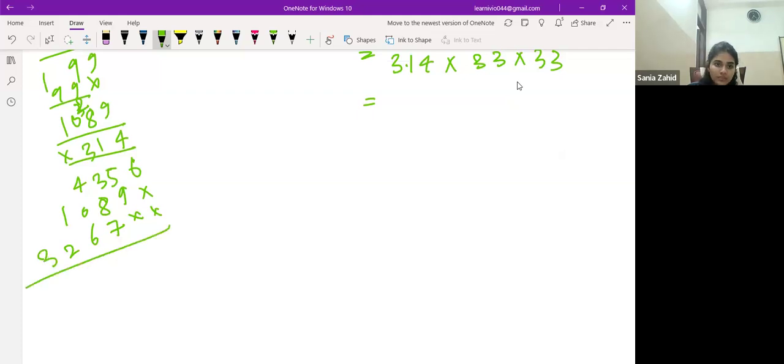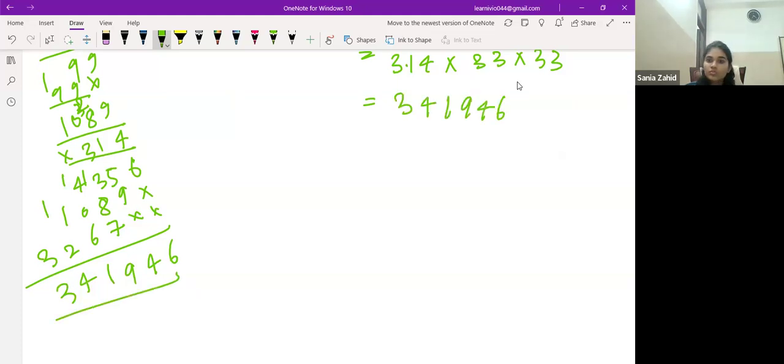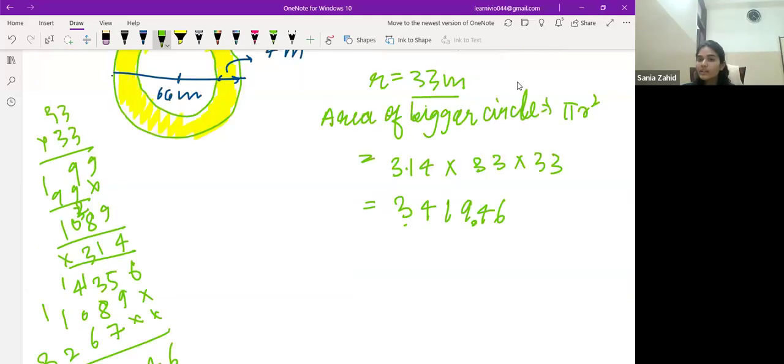We have 341,946, so 3,419.46 meters square. This is the area of the bigger circle. Okay.